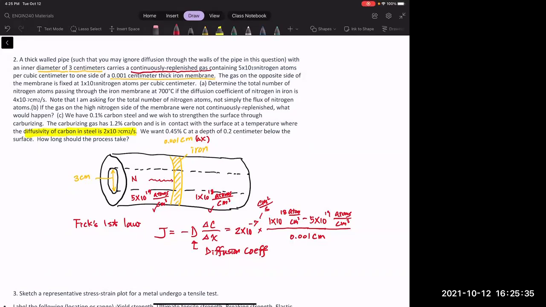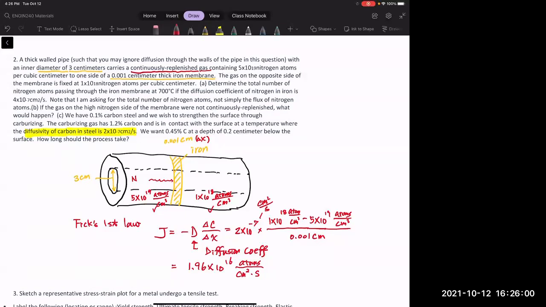So if you put the numbers in there, you're going to get the result, which is 1.96 times 10 to the 16 atoms divided by centimeter squared times second. This is the answer for the flux, okay?